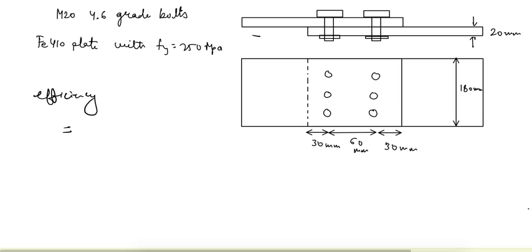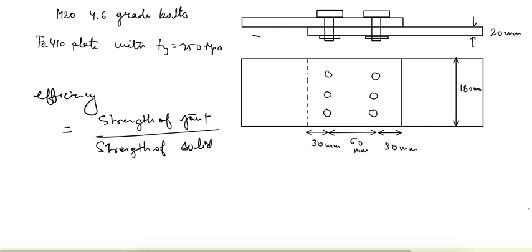So efficiency is given as strength of joint divided by strength of solid plate into 100.